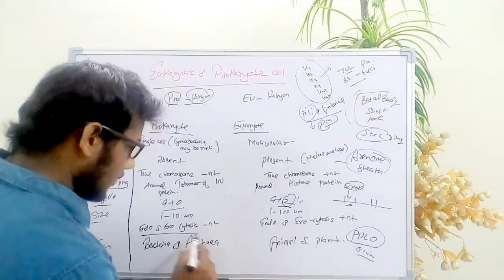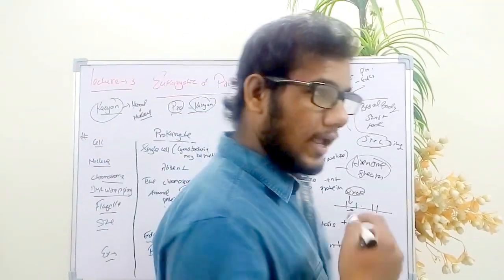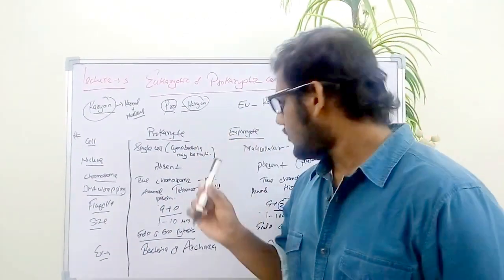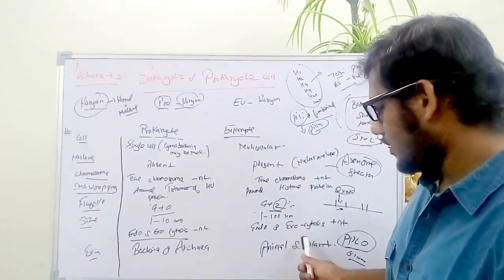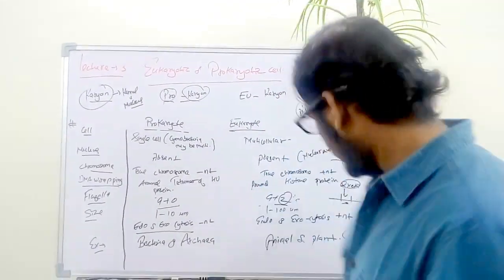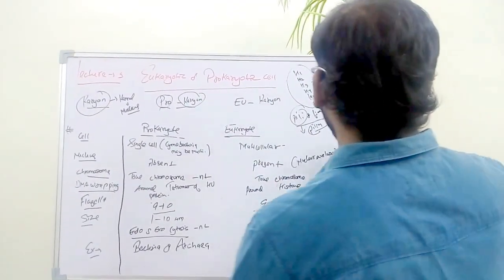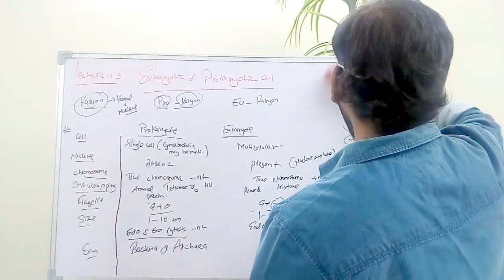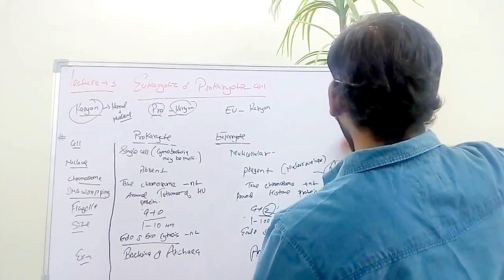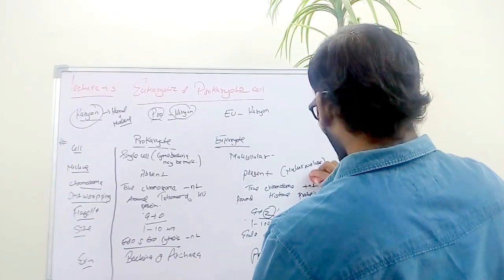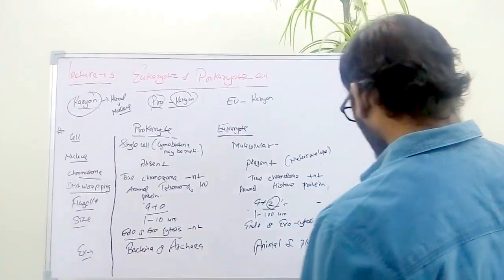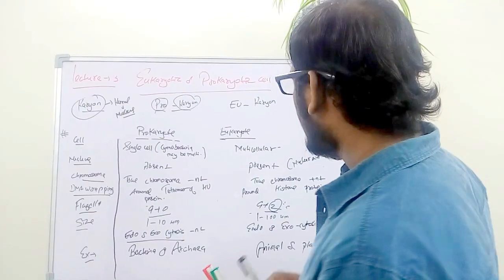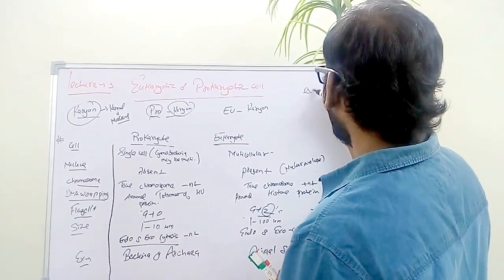These two processes, endocytosis and exocytosis, are absent in prokaryotes and present in eukaryotic cells. So what are endocytosis and exocytosis? These are bulk transport phenomena present in the cell.